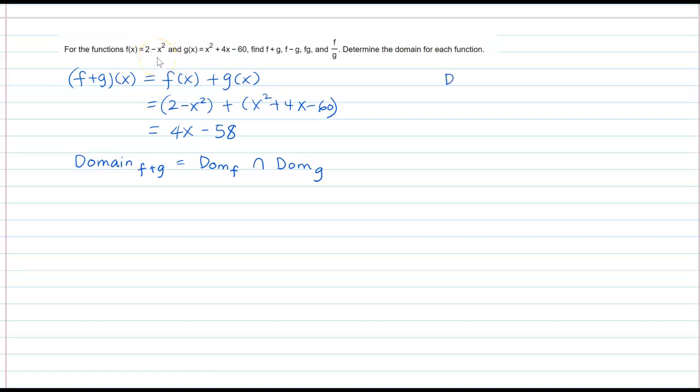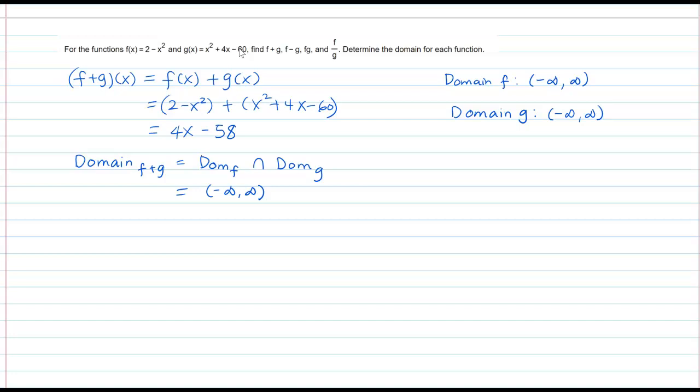If you have a polynomial function, that means linear, quadratic, cubic, fourth power, fifth power, and so on, with no variable in the denominator, the domain is always the set of all real numbers. So the domain for f and g, because g is also a quadratic function, is the set of all real numbers. So the intersection of both is just the set of all real numbers.